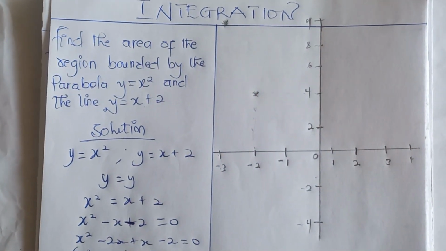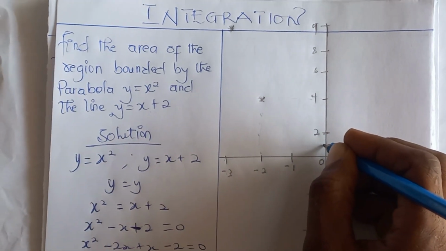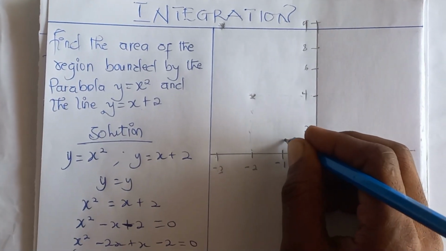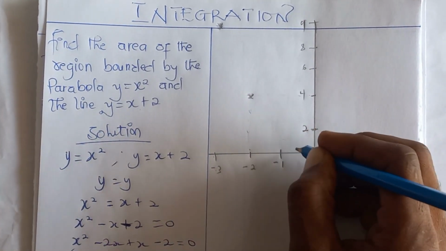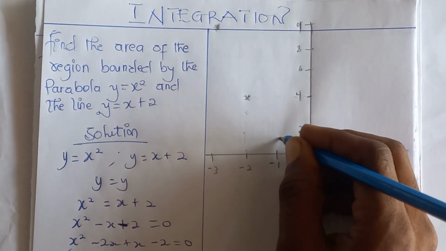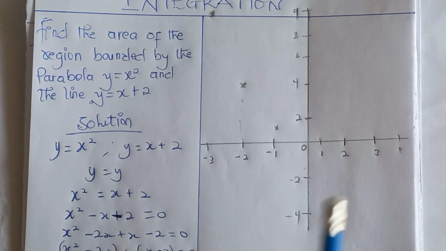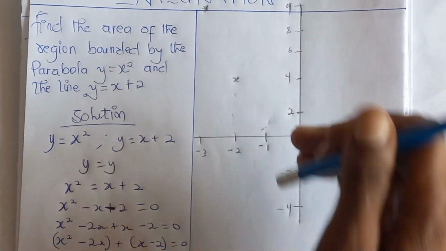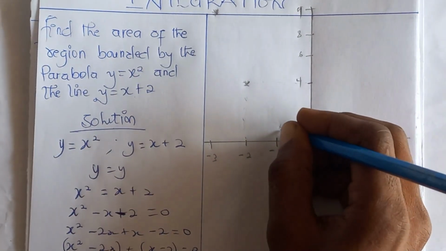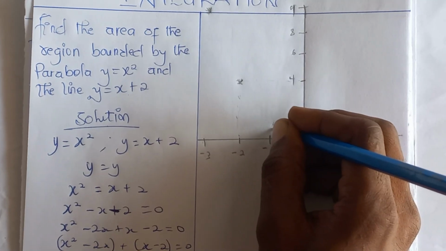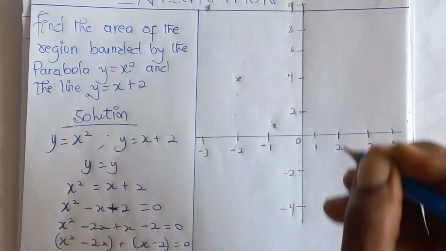We have -1, 1. So -1, 1 will be somewhere here. And then it's close to 2 too much, so it should come somewhere, something like this, okay?